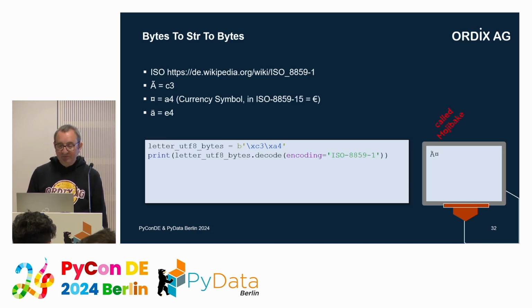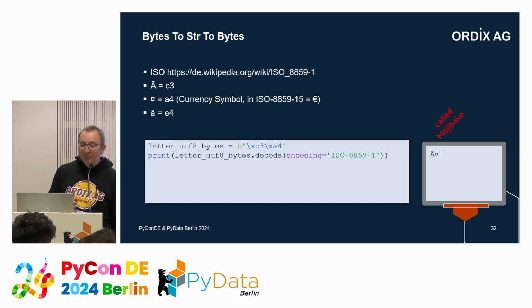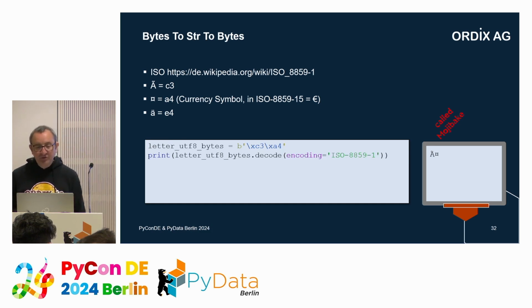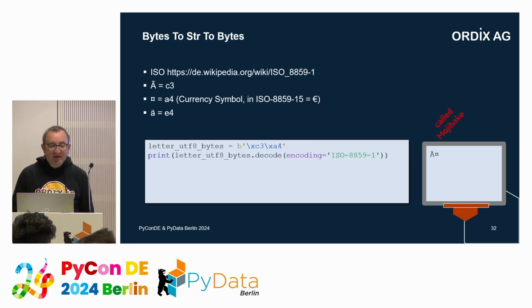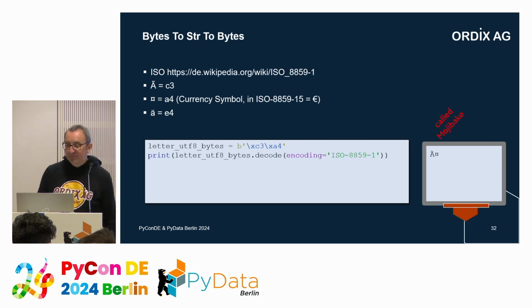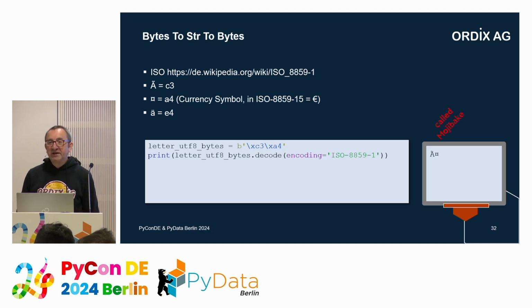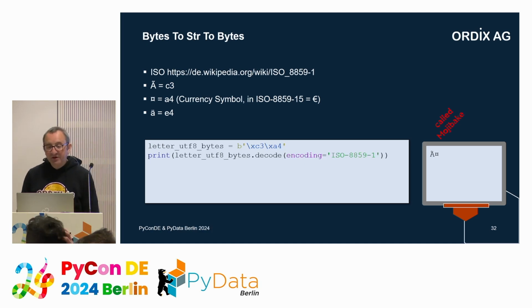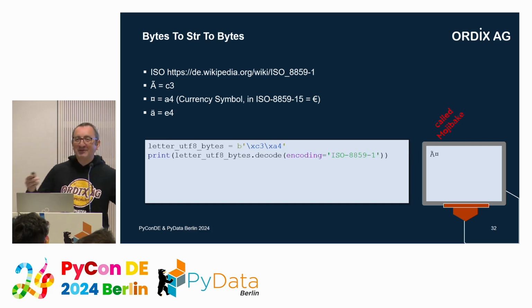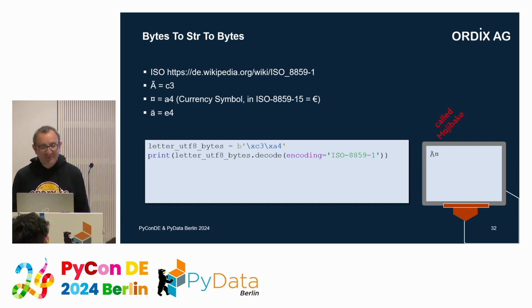Otherwise, you get problems. So if you have C3 A4 and you decode it in ISO, you have two letters, which are the A with a tilde and the currency symbol. And this is called mojibake. So always when you have text which is not intended to be text, then you have characters like this. I think you all have seen them somewhere, sometime.